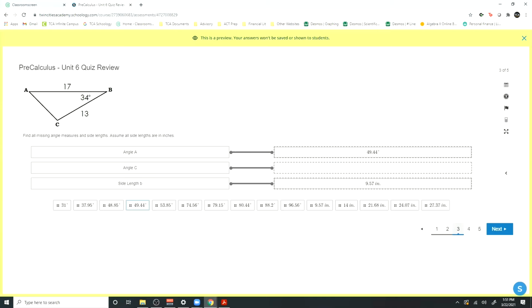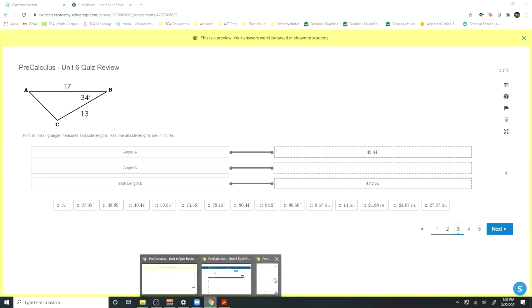All right, the last thing I need to find is the last angle, and I can do 180 minus my two known angles, and that'll give me the remaining angle measure.